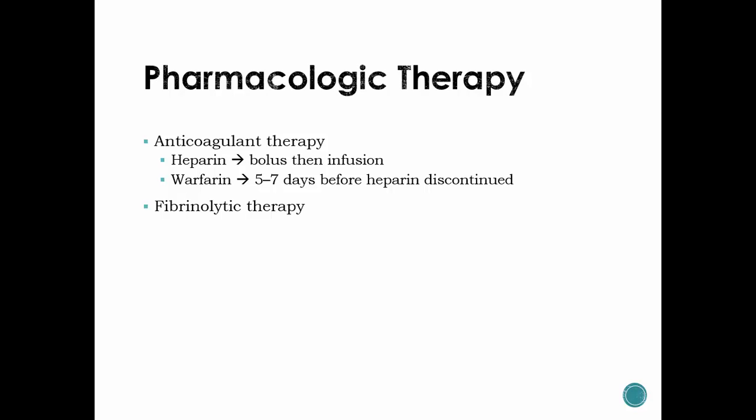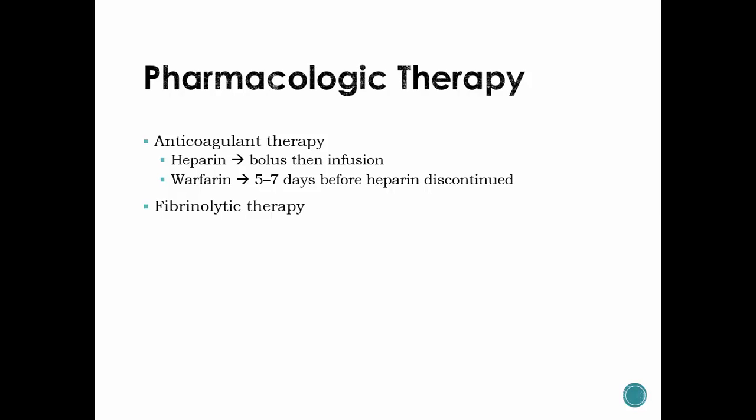You need to make sure that you're monitoring your PTT frequently, because that's the test that goes with heparin. This drip will be continued for at least 5 days while they're waiting on the warfarin or your Coumadin to become fully effective.